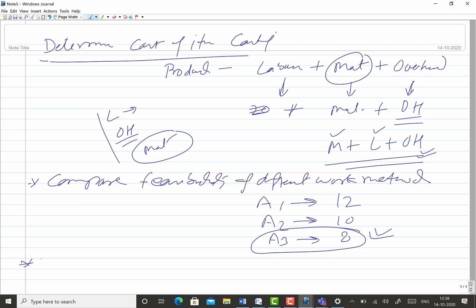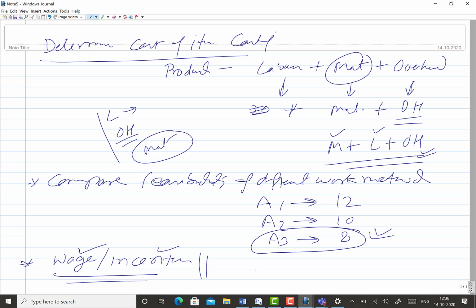Then the next point related with this is planning the wages and incentives. So I have already told you what the output of a worker in a day is, or with respect to the standard output how much a worker is producing. These two can be used as a basis for setting the wages or incentives.